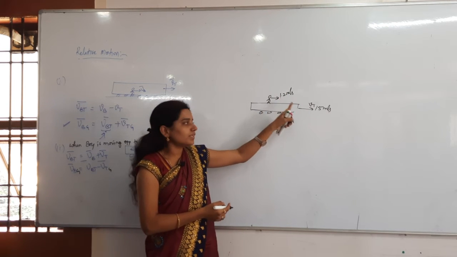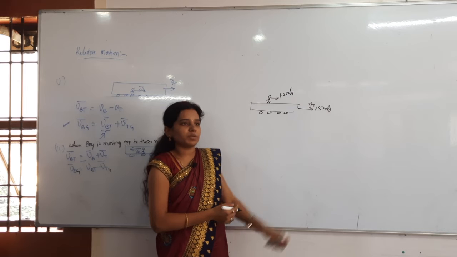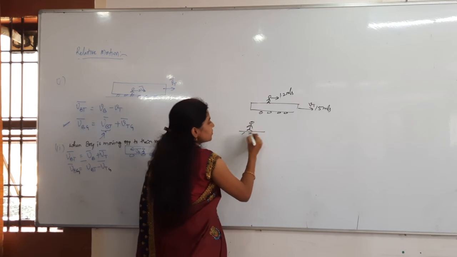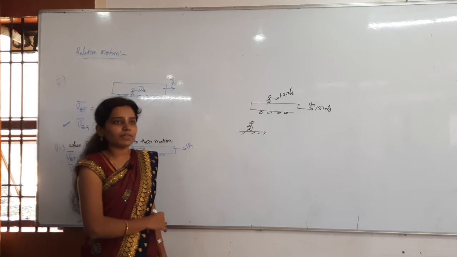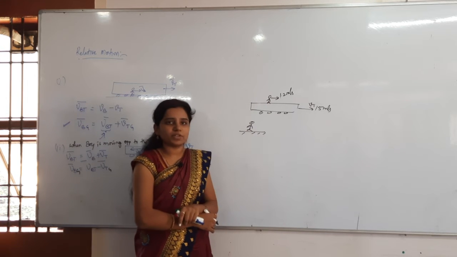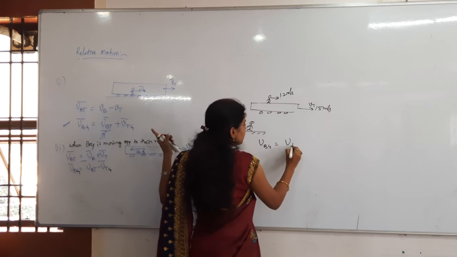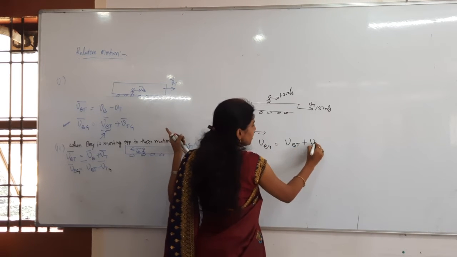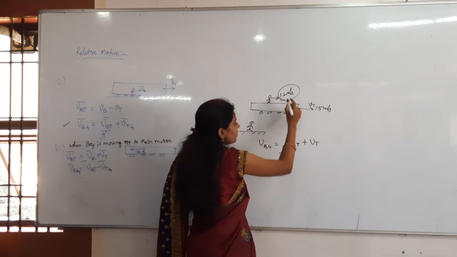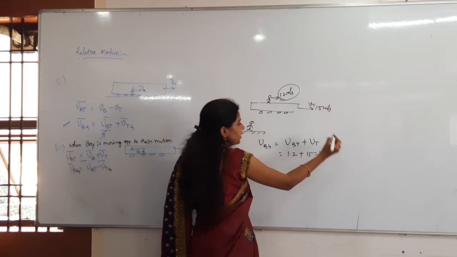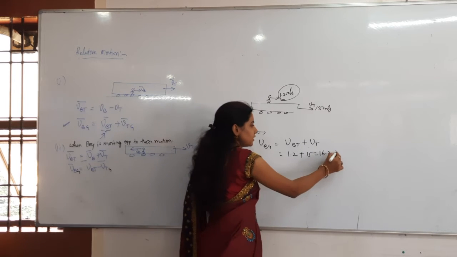The man is walking on the train, and the train is moving with 15 meters per second. A person is standing on the ground and observing. You have to find the velocity of the boy with respect to the ground. What is the formula we got? Vbt plus Vt. Vbt, how much have they given? 1.2 plus Vt, how much? 15. So this will be 16.2 meters per second.